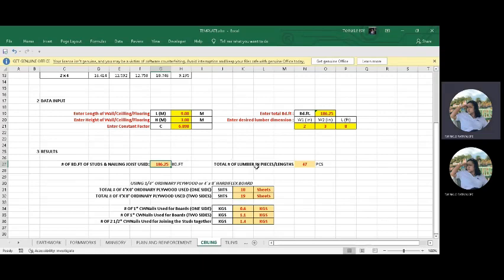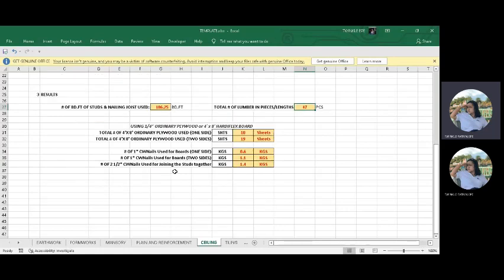And for our lumber in pieces or lengths, you can get this through rounding up the total board feet over the divisor, and you can get the number of lumber pieces.